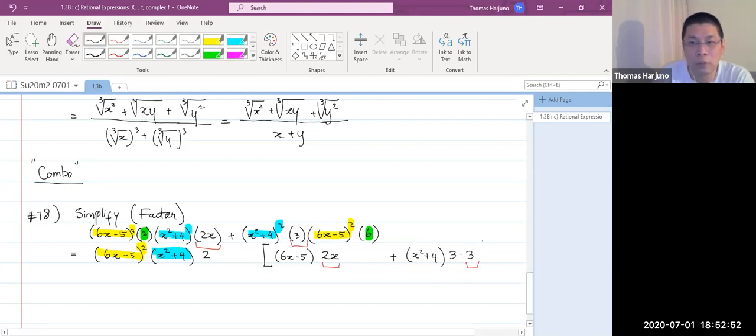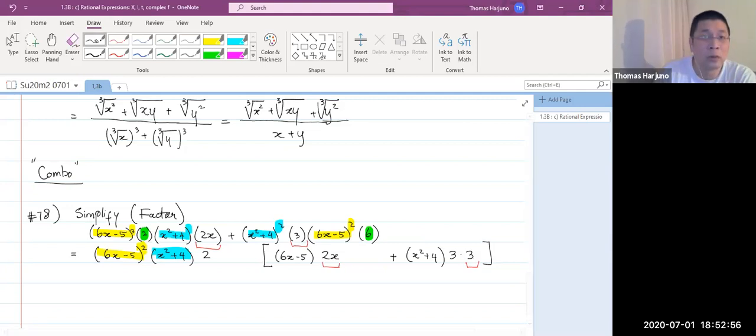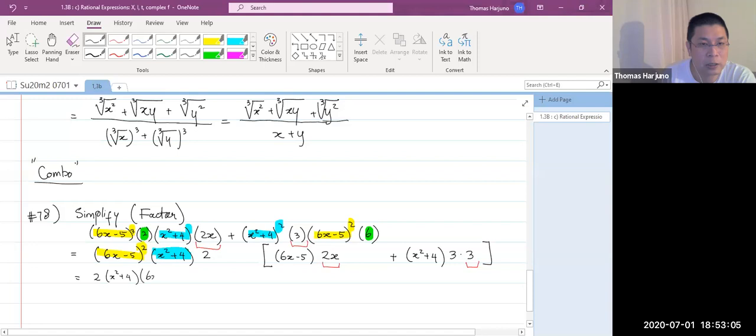So you really need to focus on this. Then on the outside, we will get 2 times x squared plus 4 times 6x minus 5 squared. Or you can write it in a different order, of course.